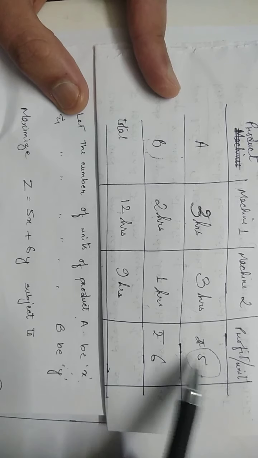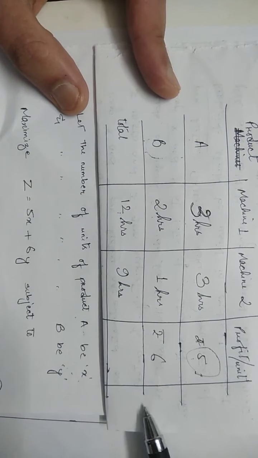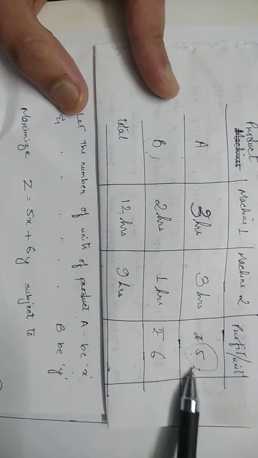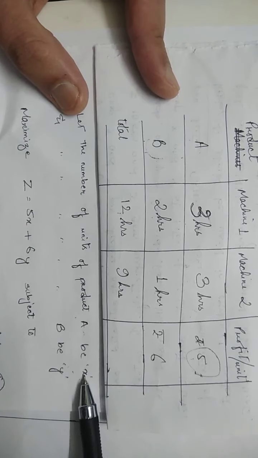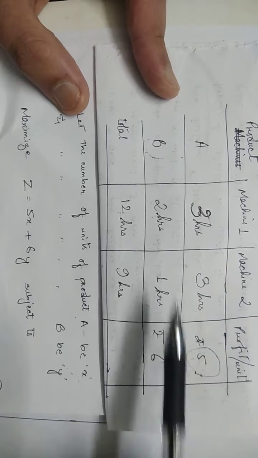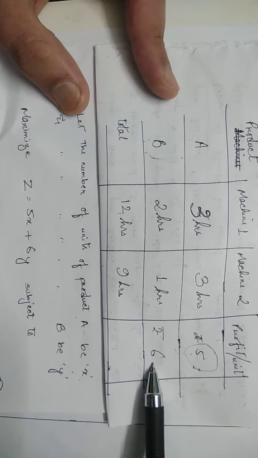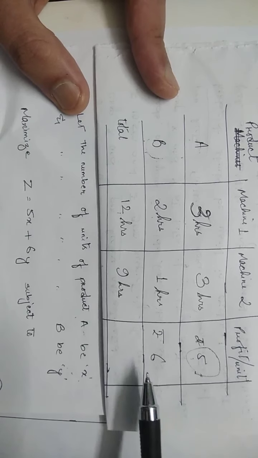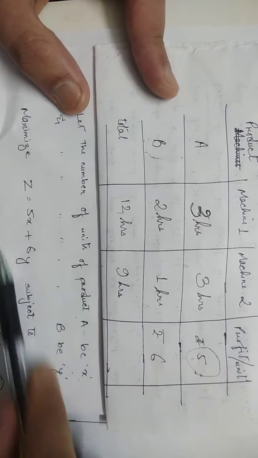The profit I get from A is 5, and I'm producing x units. If I produce 1 unit, my profit will be 5, 2 units 10, 3 units 15. So x units will give 5x profit. Similarly for B, 1 unit gives 6, 2 units 12, 3 units 18, so y units give 6y. So we need to maximize this.